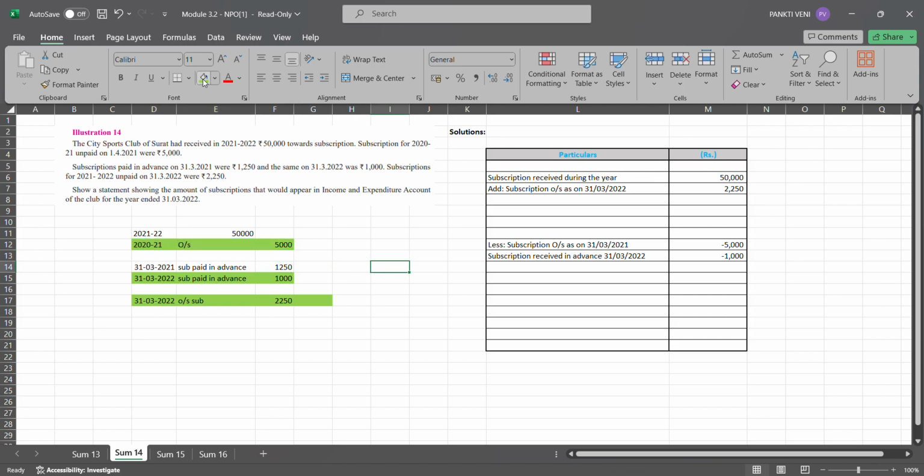Subscription paid in advance 1250. Subscription paid in advance, so that is last year subscription. Last year I must have deducted, so this year I am supposed to add subscription received in advance as on 31st March 2021, 1250.